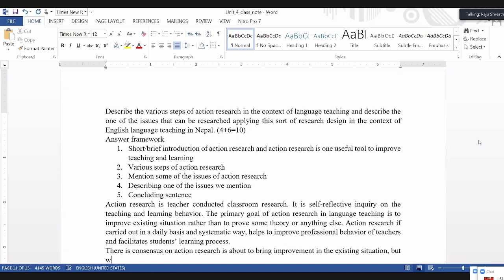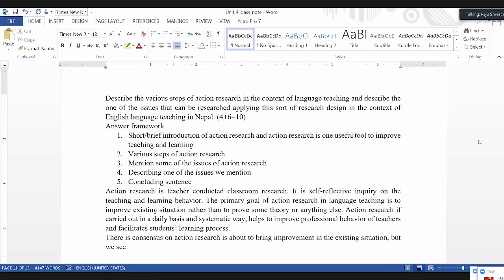But we see high dispute in the case of the steps to be carried out in the course of the teaching and learning process.